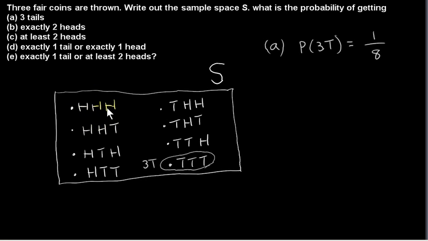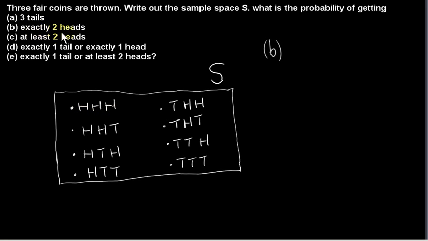Similarly, the second throw does not affect the third throw. The result of the second throw has no bearing on the probability of getting heads or tails on the third throw. The probabilities are always 1/2. So we're dealing with independent trials or independent throws of coins.